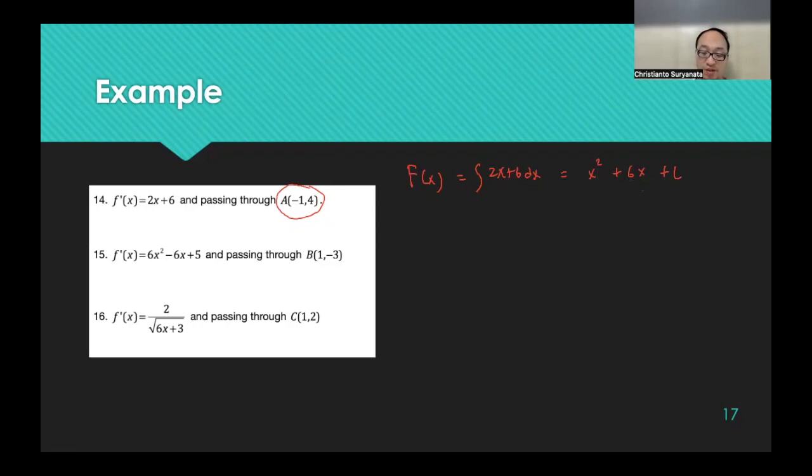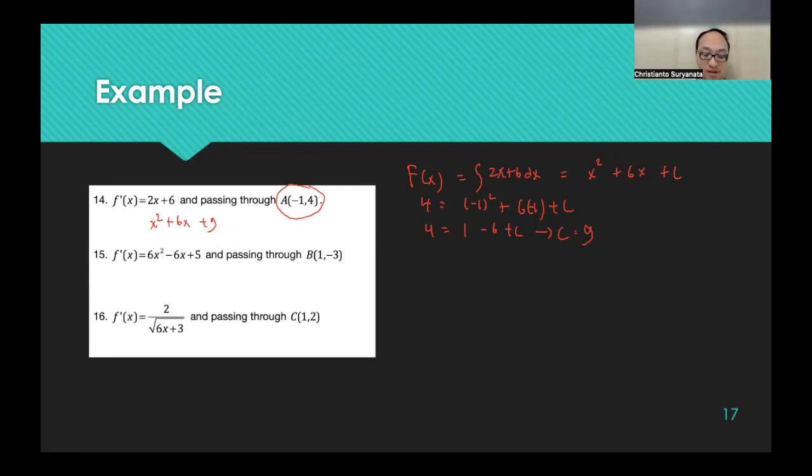So we put 4 equals negative 1 squared plus 6 times negative 1 plus c. So 4 equals 1 minus 6 plus c. So c equals 9. So that means the equation is x squared plus 6x plus 9.